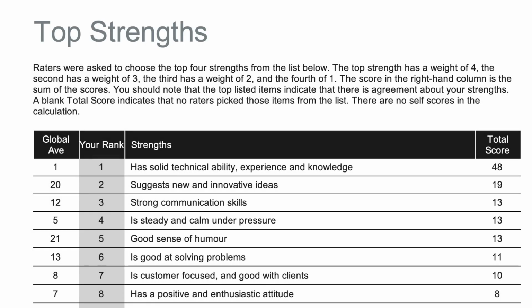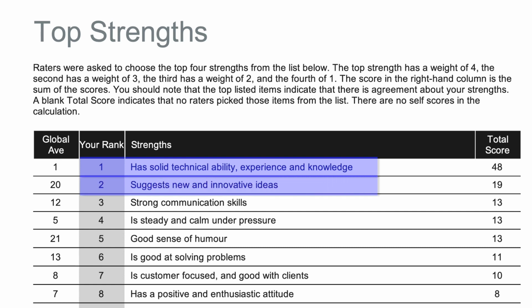So what we want to know here is what are the key strengths that Lee will be able to leverage in his everyday work. And what we see here, his solid technical ability is again a key strength. It actually got 48 votes.